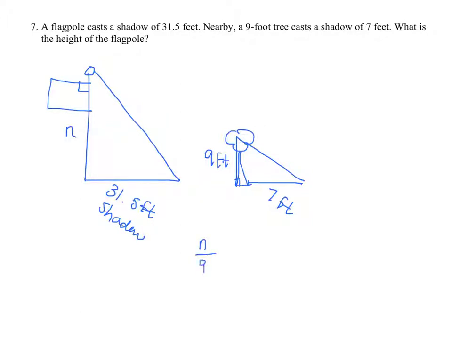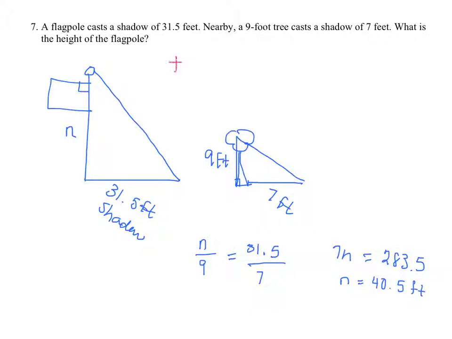N is to 9 as 31.5 is to 7. So we get 7n is equal to 283.5. Divide both sides by 7. N is 40.5 feet.